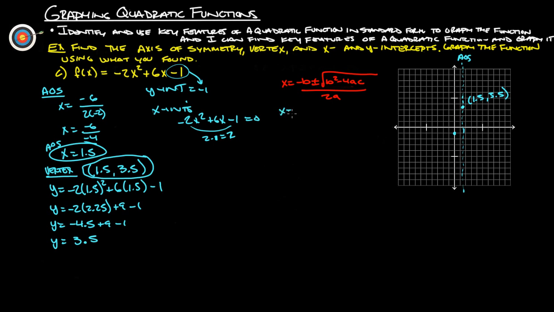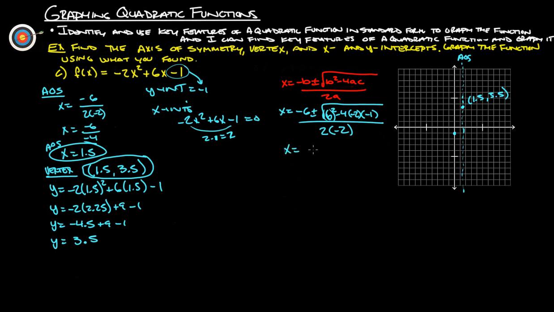Anyway, so we've got x equals negative 6 plus or minus square root of 6 squared minus 4 times, I should put that in parentheses, a, which is negative 2, times c, which is negative 1, all over 2 times negative 2.